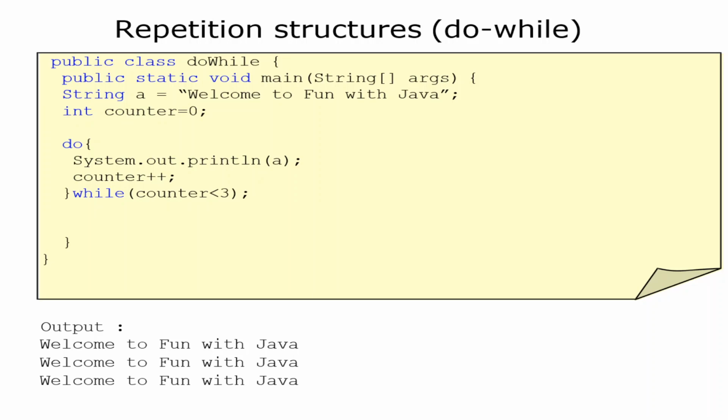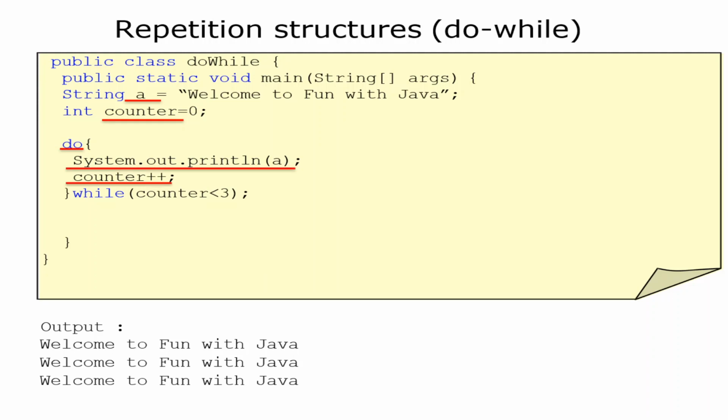Besides using while loop, I can also use do while loop to print a string "welcome to fun with Java" for 3 times. Similar to while loop, we assign a string a as "welcome to fun with Java" and the counter as 0. Then type do, followed by curly braces. Inside the curly braces is our loop body.